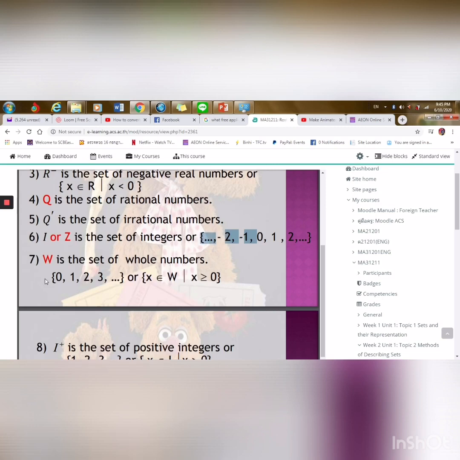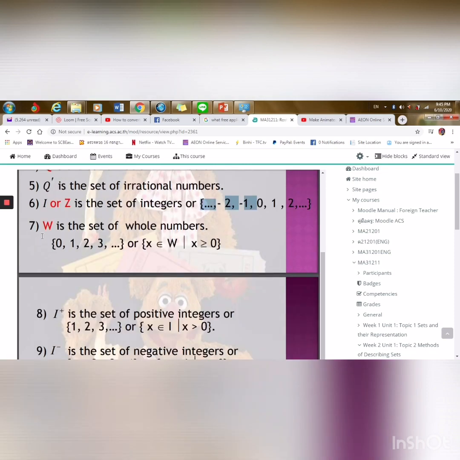In number 7, we also have letter W. It means whole numbers. However, it starts with 0. So make sure that you can identify the difference between an integer, a whole number, and a natural number. Whole numbers are numbers that are greater than or equal to 0.